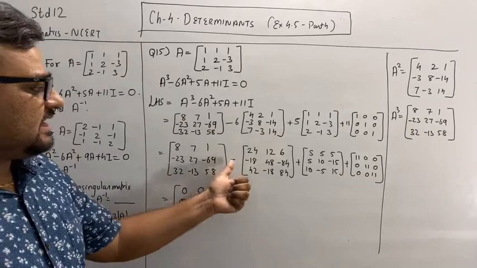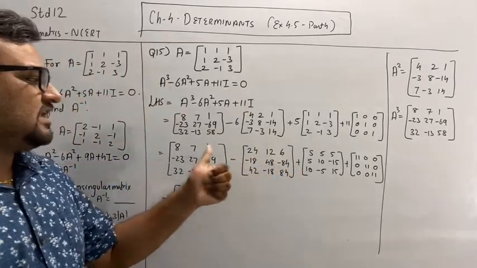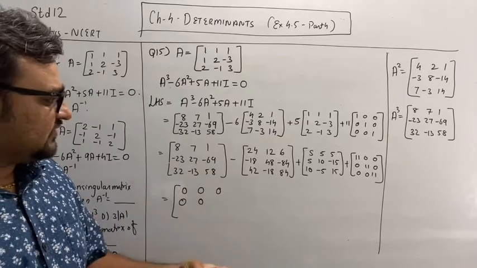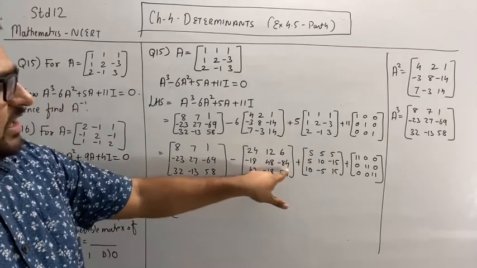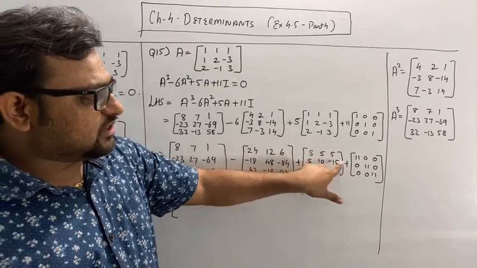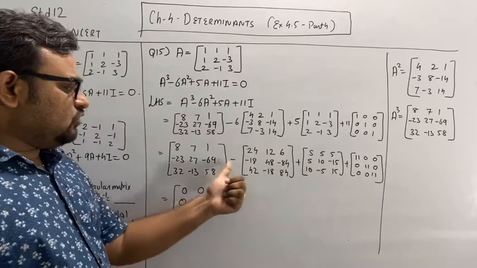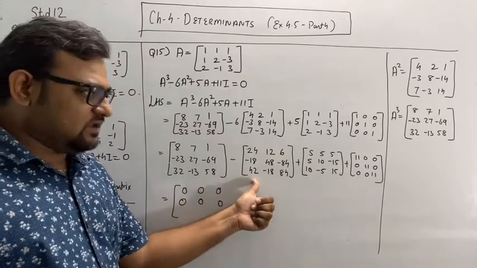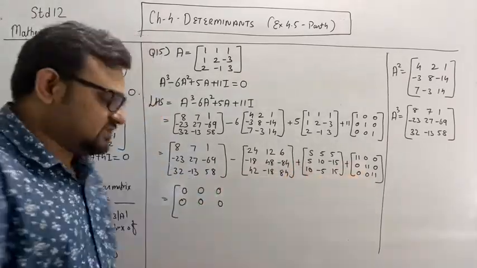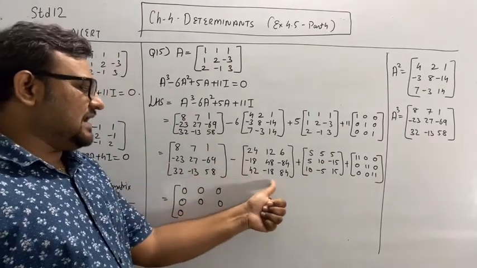Minus 69 minus 84. So minus 69 plus 84, that will be plus 15, minus 15, 0, plus 0, 0. 32 minus 42, minus 10, plus 10, plus 0, 0. Minus 13 minus 18.